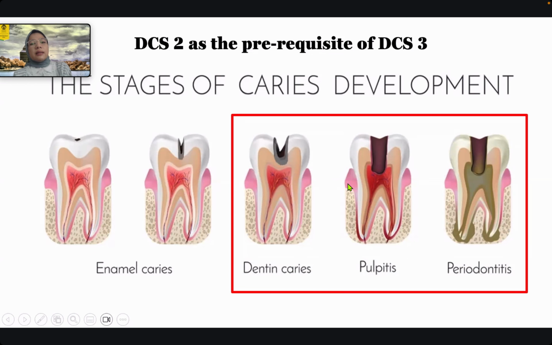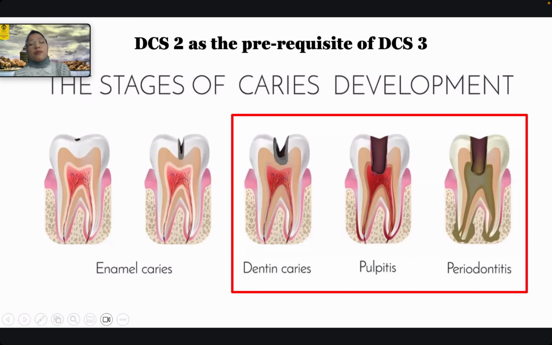And besides that, the tooth itself is surrounded by the periradicular area. Yeah. So the periradicular consists of the bone itself and also the periodontal. Yeah. So the pulp is also related with the periodontal and also with the bone. Yeah.